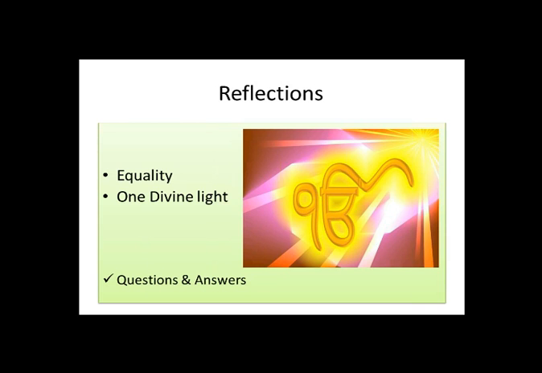Some of the important things that we saw in the story were, one of the big things was about equality. No matter who the person was, we have to remember not to discriminate. We have to remember not to make them feel like they are lower or they are higher. The reason for that is because there's one divine light.